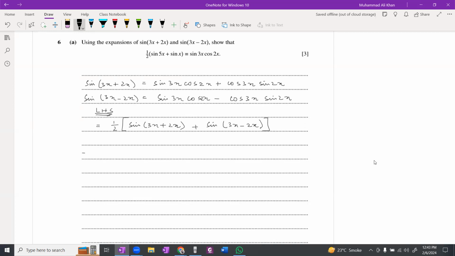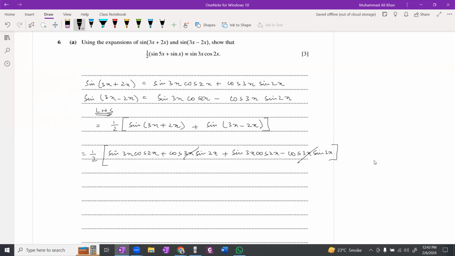Now I'm writing the expansion of these here. So it will be sin 3x cos 2x plus cos 3x sin 2x, now plus sin 3x cos 2x minus cos 3x sin 2x. ये हमने इसके एक्सपेंशन लिख दिए हैं यहां पर.